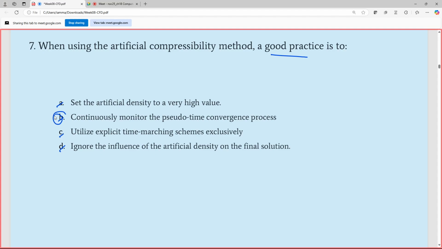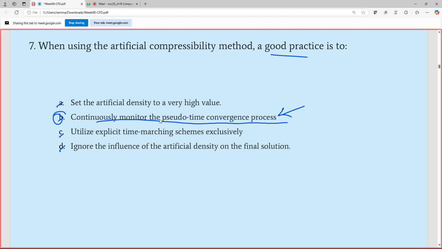Answer is option B, that is to continuously monitor pseudo time convergence process, because the pseudo time loop should converge smoothly and faster. Then only our overall simulation time will proceed.